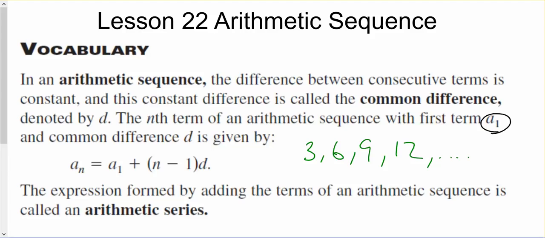Then describing some terms here, a sub 1, the first term, is 3. The d, the common difference, is how far, what am I doing to go from one term to the next? I'm going up 3. So my common difference here is also 3.